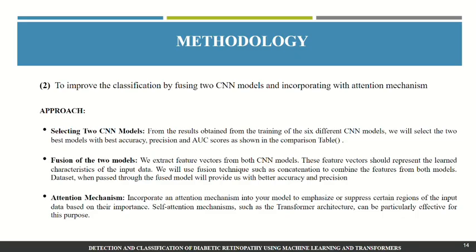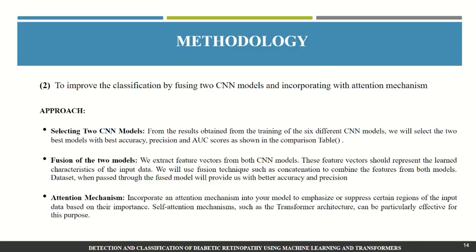We extracted the features from both the CNN models. These feature vectors represent the learned characteristics from the input data. Then these features were fused or concatenated from both the models. When the dataset was passed to the fused model, it provided us with better accuracy and precision.